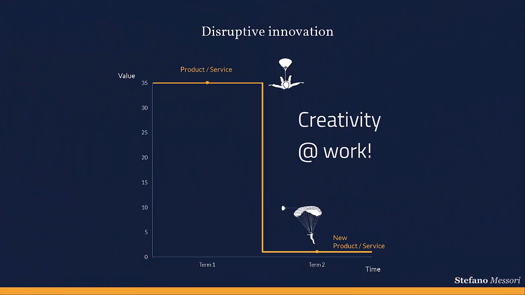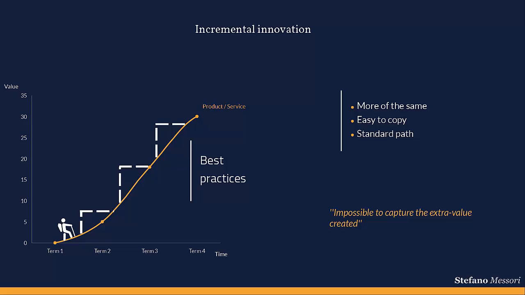After having introduced two different types of innovation, let's now explore how they impact the way that companies compete. Companies that are embracing an incremental innovation approach improve their product and services by adopting the latest best practices in the industry.